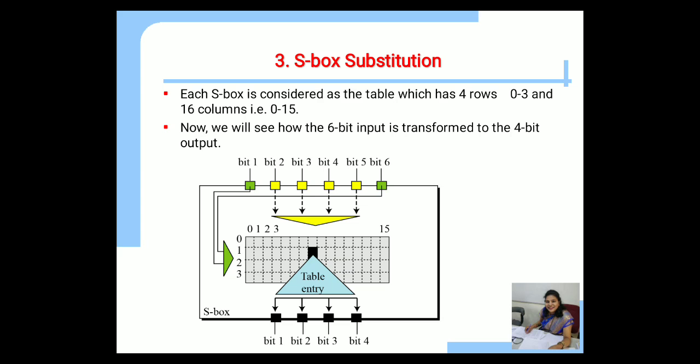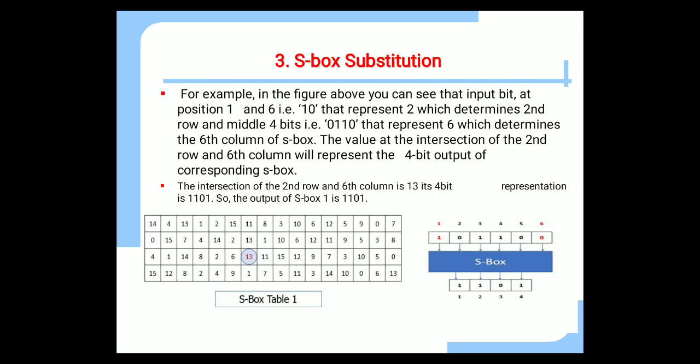See in this example, if your bits are 1 0 1 1 0 0, then the first and last bits, 1 and 0, will be your row number. So 1 and 0 is nothing but your second row, and here the rows start from 0 to 3.